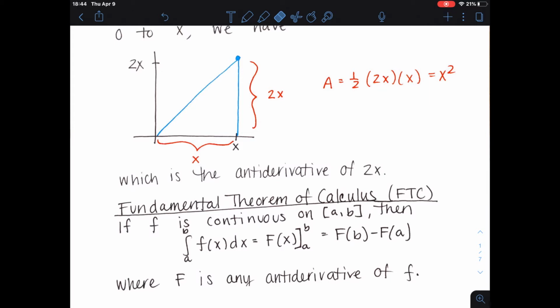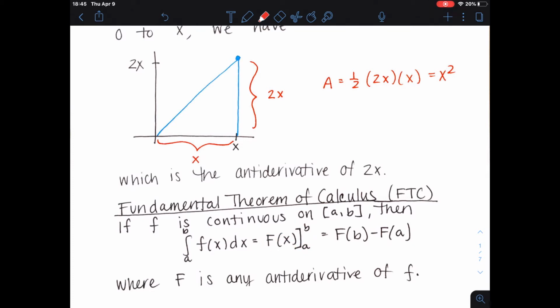So what this gives us is a way to find the area under a curve or to evaluate a definite integral. So if we have a function that's continuous on the interval from a to b, then if we want to find the area under this function starting from a, ending at b, we're going to find an antiderivative, capital F of x. We're going to evaluate at these two endpoints.